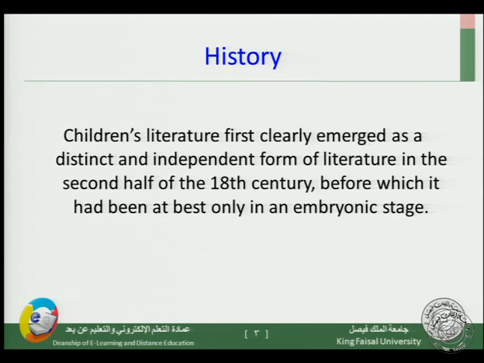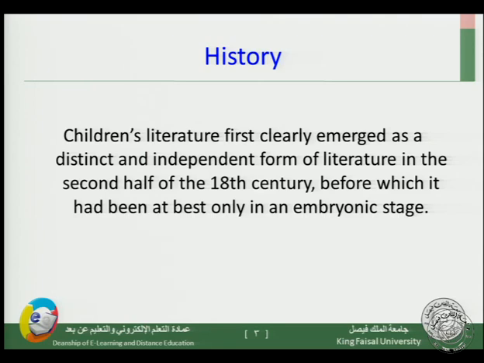It became distinct, it became obvious, it became clear, it became independent in the second half of the 18th century, before which it had been, at best, only in an embryonic stage, in a primitive stage, in a vague stage, in a stage that is not limited or specific or clear.